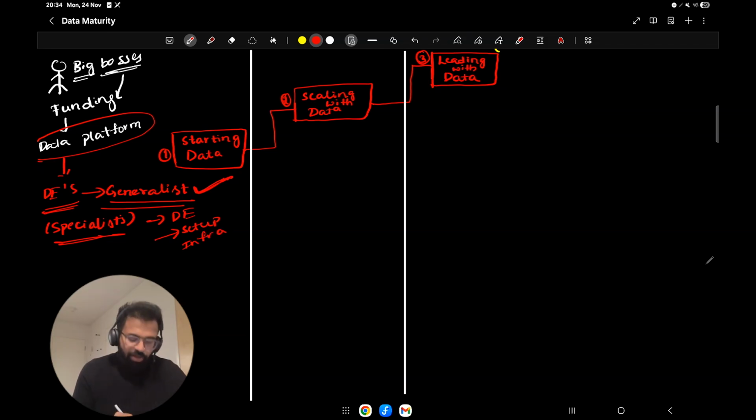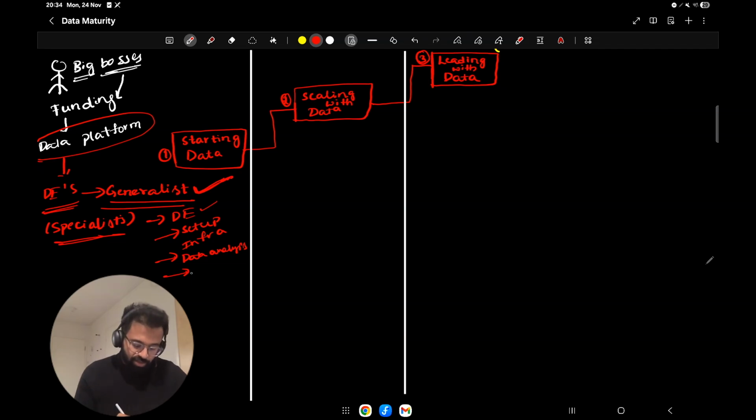For example, if you plan to build your data platform in the cloud, you have to set up your cloud subscription or cloud account, and then set up all the different services or components. So you act like an infrastructure engineer, you also act like a data engineer, and then you will also maybe do some data analysis as well.